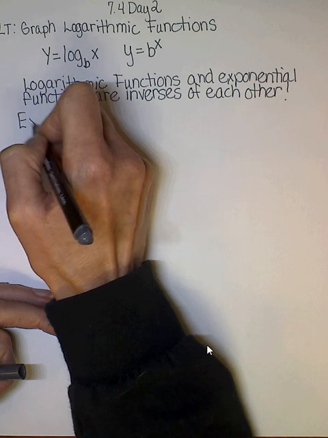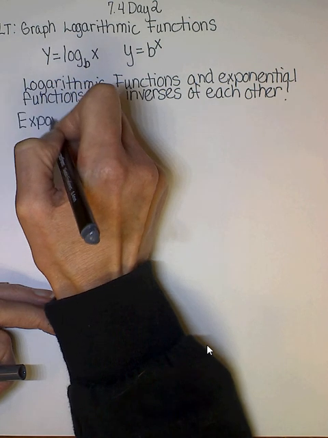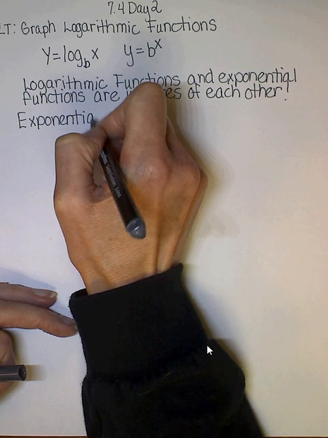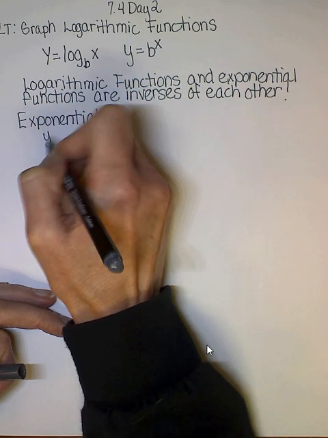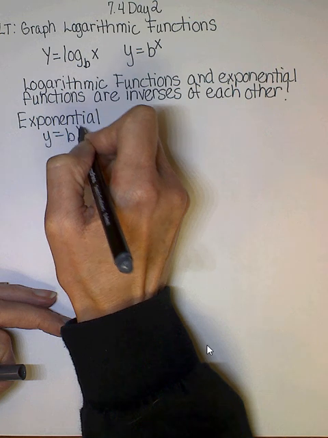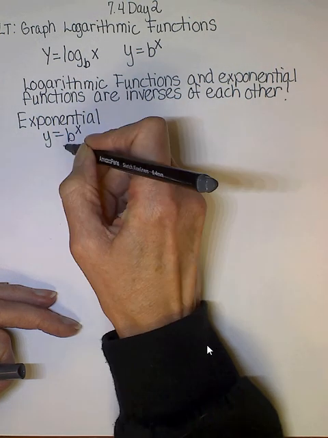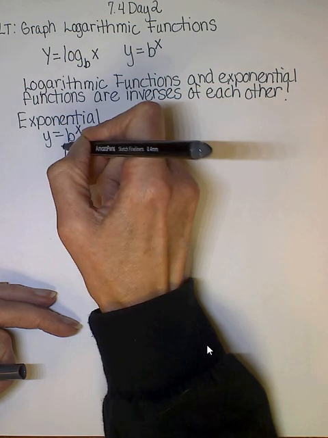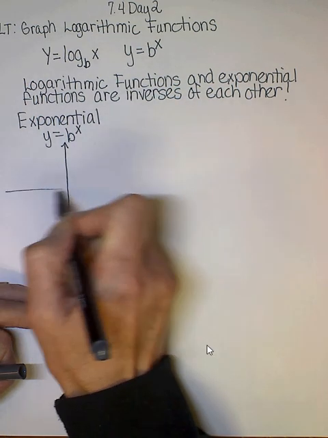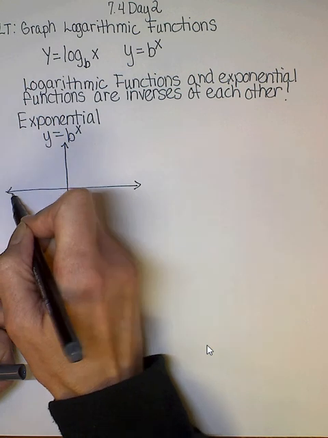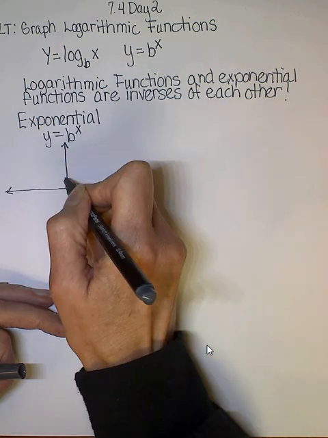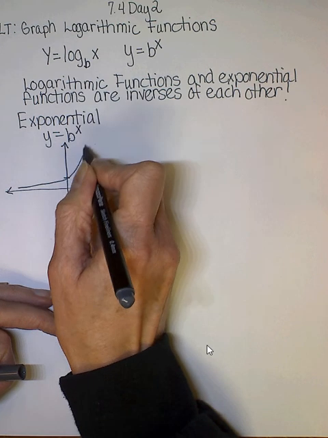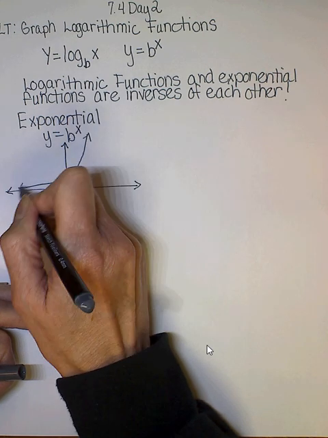Let's compare the exponential and the logarithm. So if we start with our very simple parent function again on the exponential graph, remember the exponential graph starts out flat and grows very quickly.